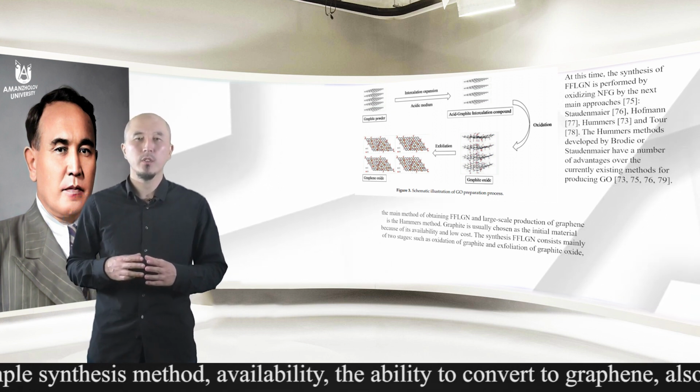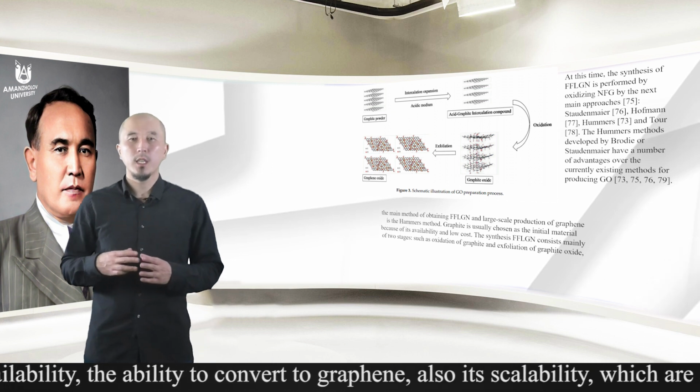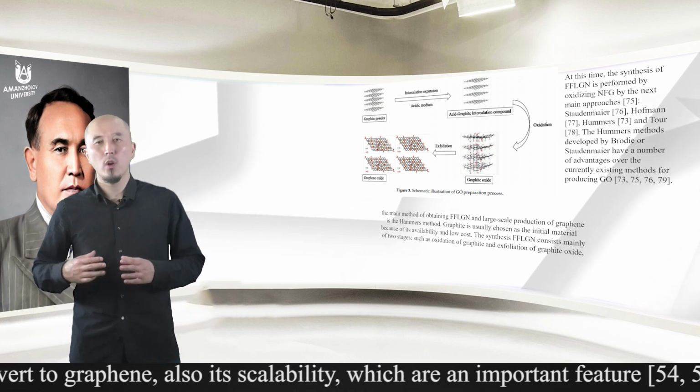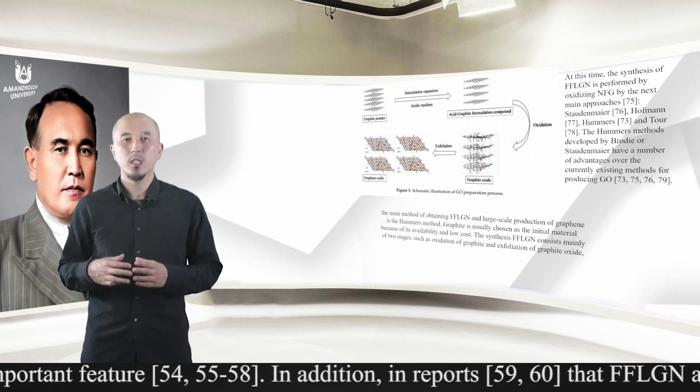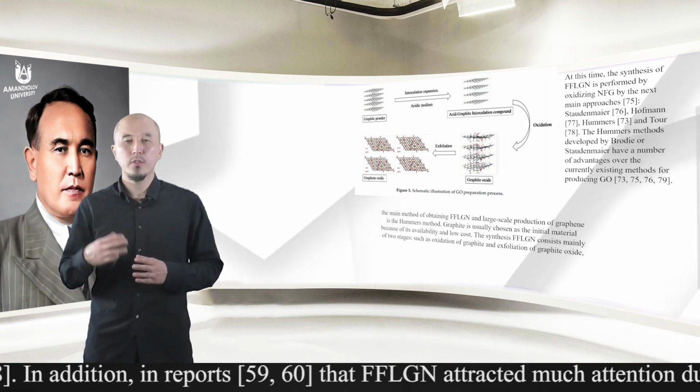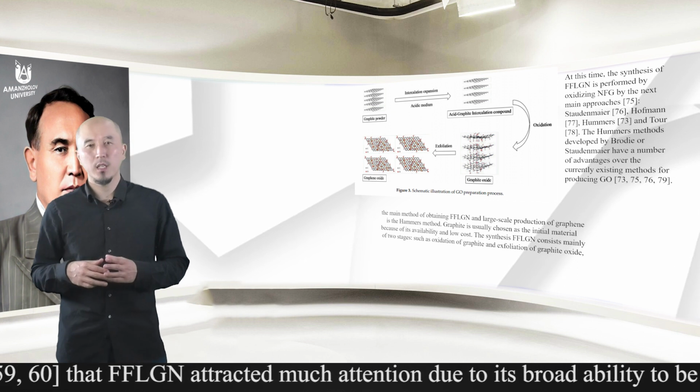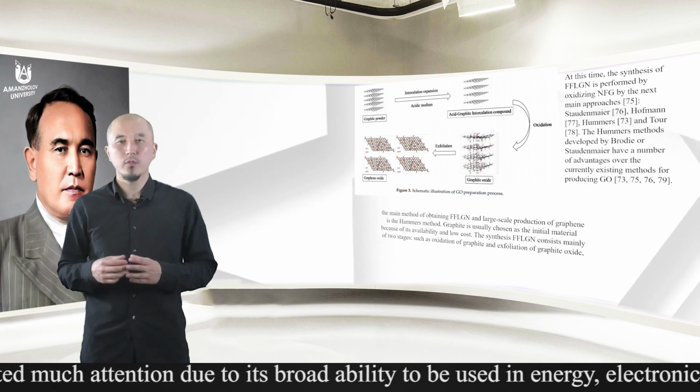In this regard, FFLGN is of great interest because of its low cost, fairly simple synthesis method, availability, the ability to convert to graphene, also its scalability, which are important features.